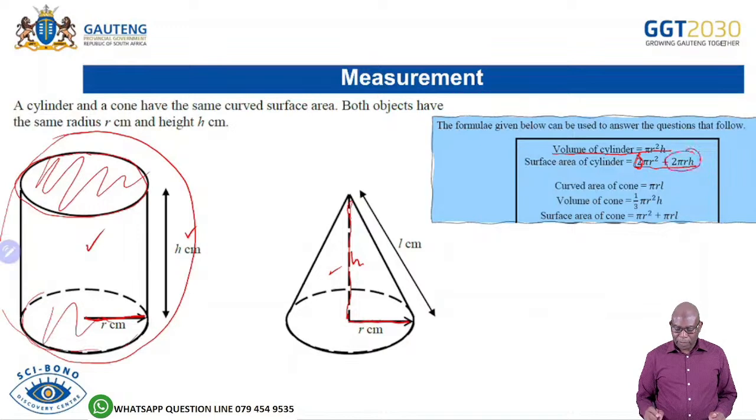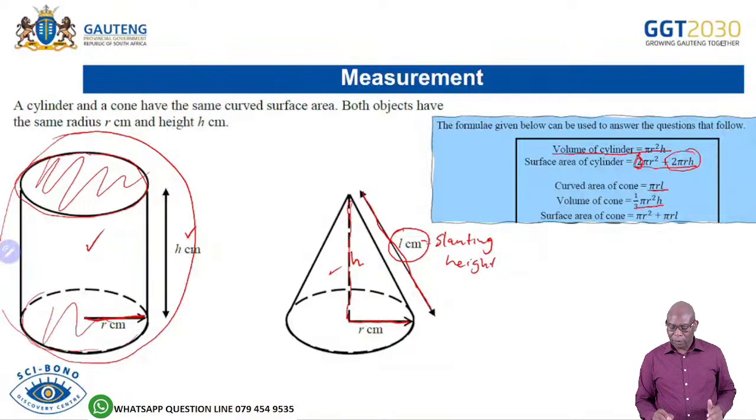Now the curved area of a cone is pi r l. The L here is for the slanting height. Can you see? That's the slanting height. The volume of the cone is always 1/3 of the area of the base multiplied by the height.